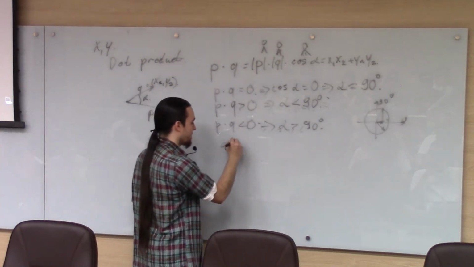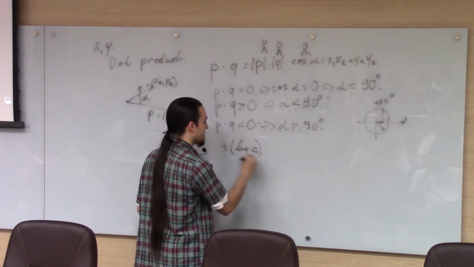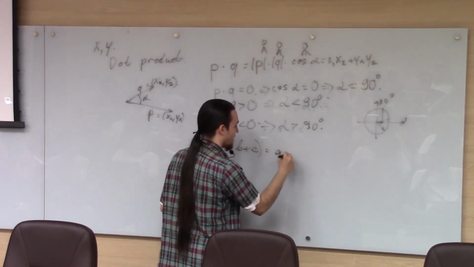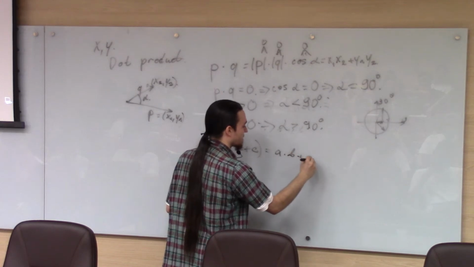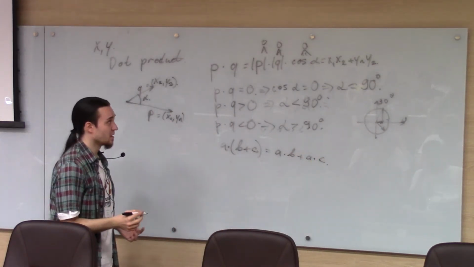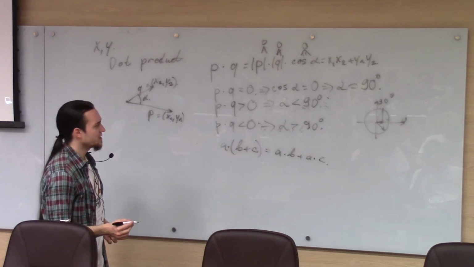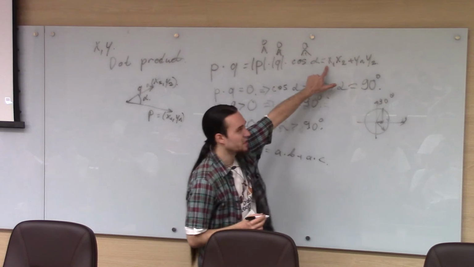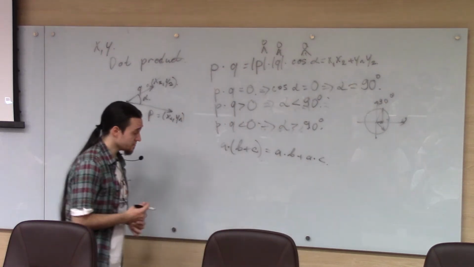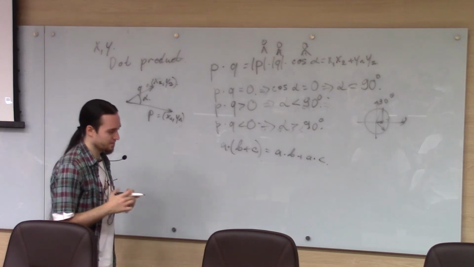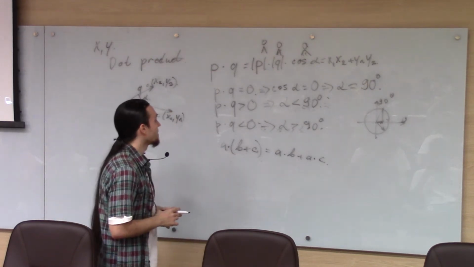So if we have A dot (B plus C), then it's A dot B plus A dot C. We can prove that. It may not be quite apparent, or maybe it is from this formula, but anyway, it's just nice to know that it comes in handy in some cases.